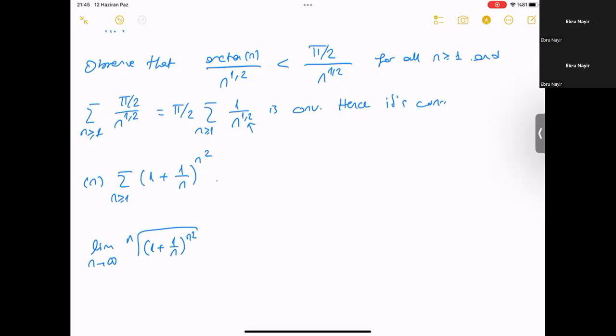Here we are using the root test. So this is equal to this limit, and this you should know, it's equal to e, which is greater than 1. So by the root test, it's divergent. It's convergent when this limit is less than 1.